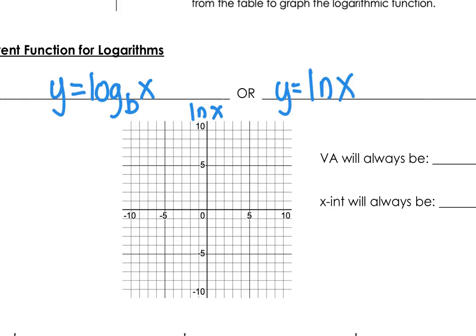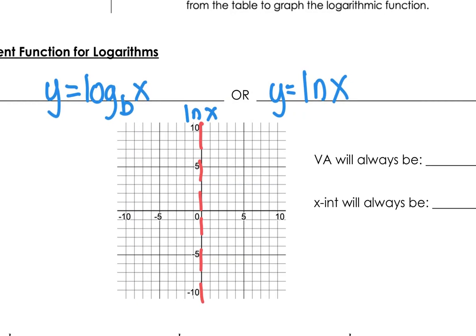our asymptote is a vertical asymptote, because again, it's the inverse. Now let's go ahead and get our x and y values. So we have x and y.